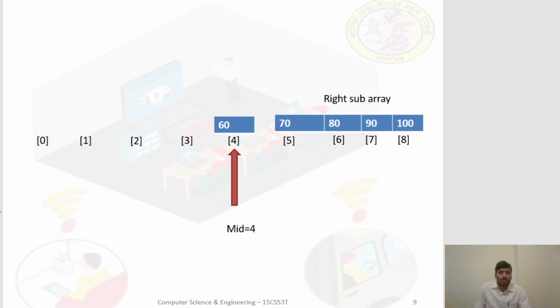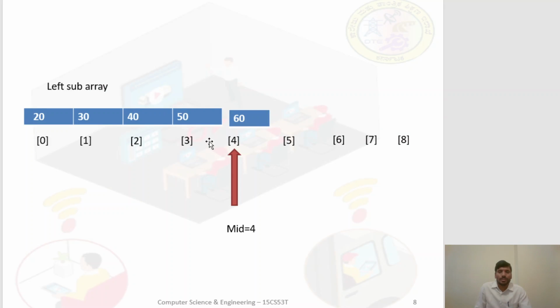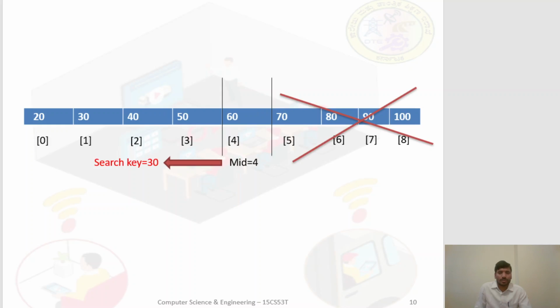So now the problem we have is to search in the left side of the array, whose size is 0 to 3, almost half. Okay students, hence the searching takes place towards the left side of the mid position by skipping the right side subarray. This is how decrease and conquer works.